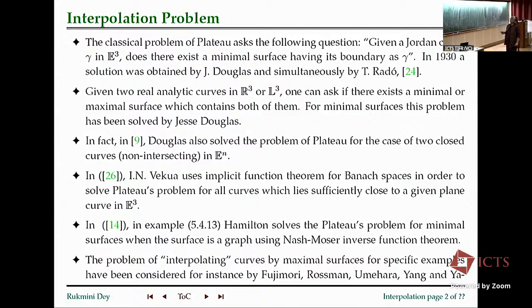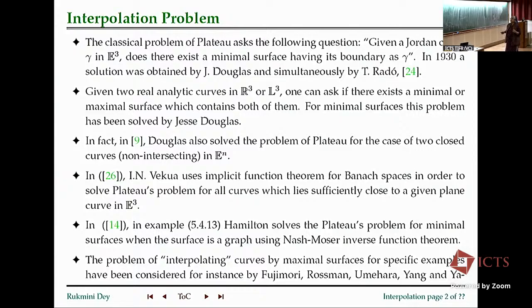Now Vekua uses the implicit function theorem for Banach spaces in order to solve Plateau's problem for all curves which lie sufficiently close to a given plane in E3. And Hamilton solves Plateau's problem for minimal surfaces when the minimal surface is a graph, using the Nash-Moser inverse function theorem.